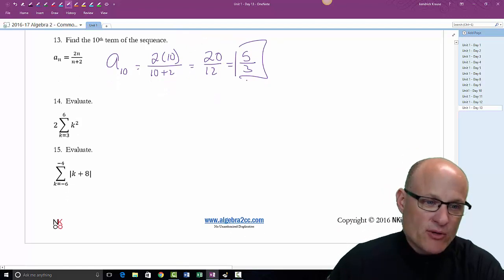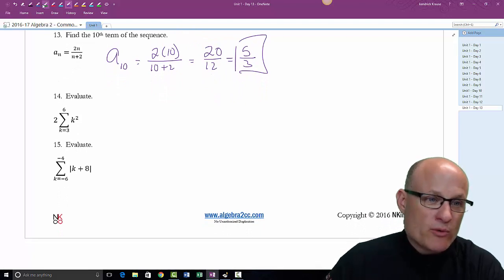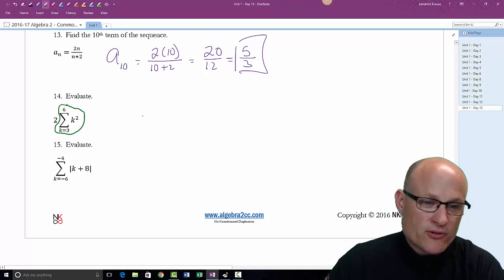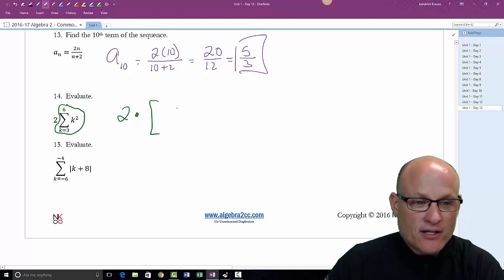Doesn't matter. Evaluate. So remember, when we do this, we're going to do this first. So let's get this first. It's going to be 2 times something. All right, so 3 squared is 9. 4 squared is 16. 5 squared is 25.